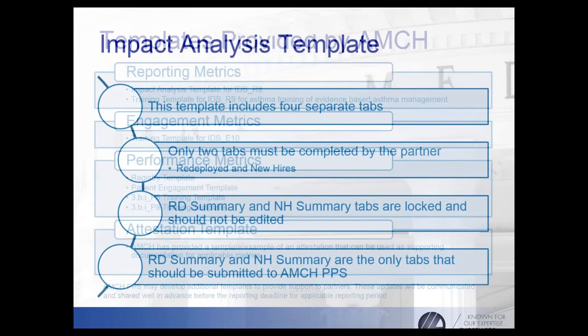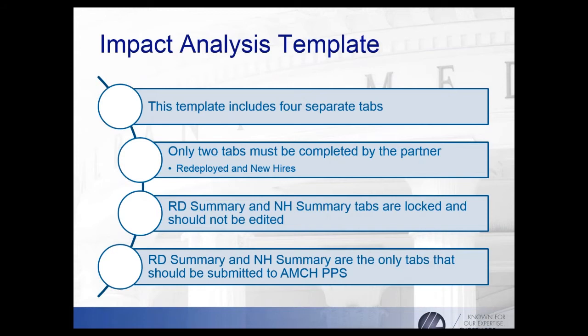And Zoe will be going over some examples of the impact analysis and training templates, how those should be filled out so that they will ultimately be completed and submitted to AMCH. You have an engagement metric, IDS E10, which also requires a training template to be completed as supporting documentation.